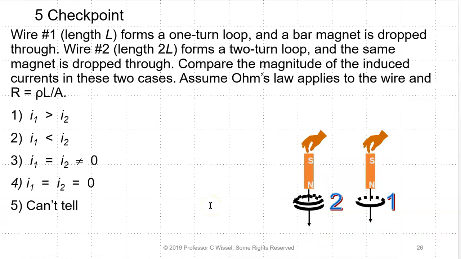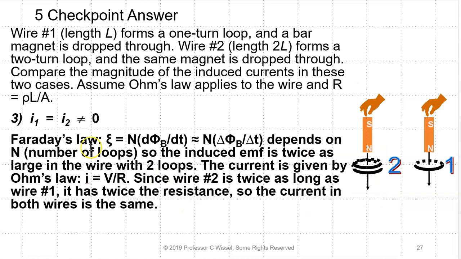Okay, wire number 1, same question pretty much. Length L forms a 1-turn loop and a bar magnet is dropped through. Wire number 2, length 2L forms a 2-turn loop and the same magnet is dropped through. Compare the magnitude of the induced currents in these two cases, assuming Ohm's law applies to the wire. Resistance equals rho L over A. Well, Faraday's law says that the EMF is proportional to the number of turns in the loops.